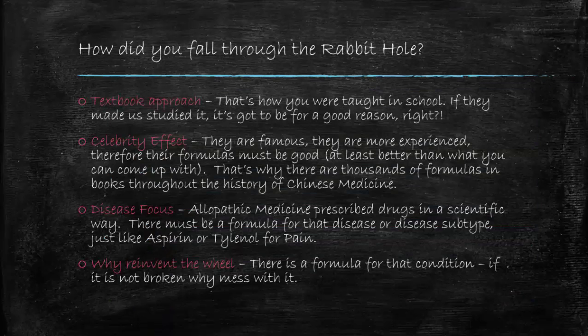How did you fall through this rabbit hole? I've outlined 4 types of reason. The first one is the textbook approach. I think all of us have been through classes on formulas, internal medicine, external medicine, pediatrics, gynecology.